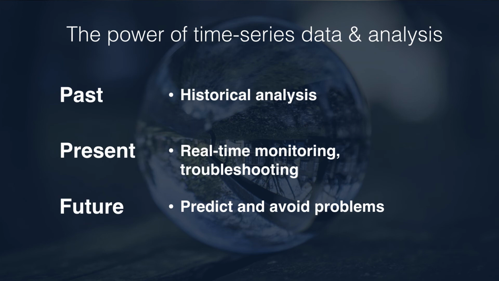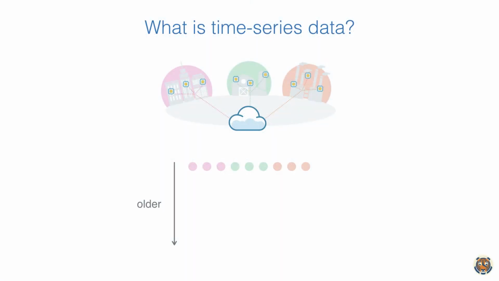So what is time series data? Well, time series data is data that is coming in from sensors or everywhere constantly over time. It's characterized by high velocity, coming in quickly, as well as high volume.